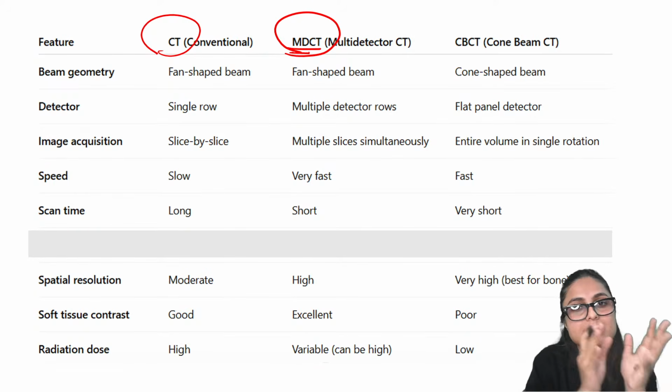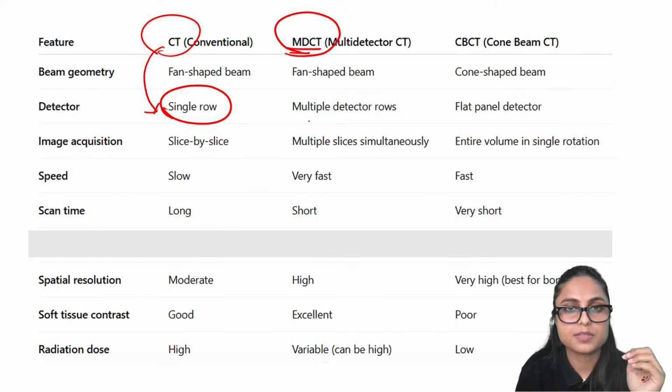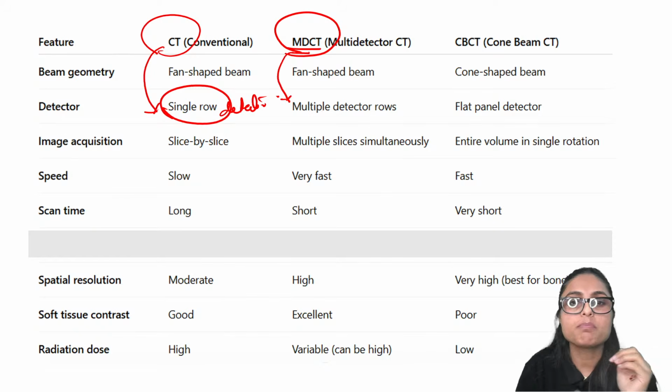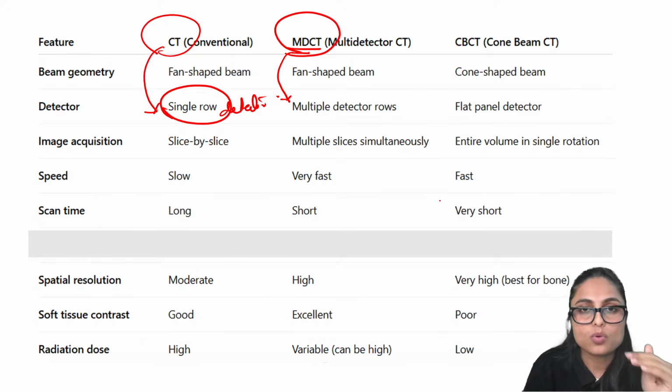What is the difference between CT and MDCT? A CT scan machine has a single row of detectors, whereas MDCT has multiple rows of detectors. So what is the advantage of MDCT?